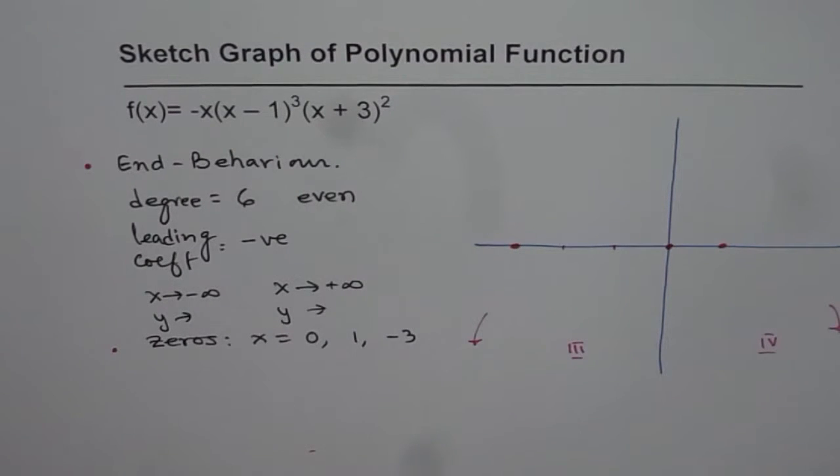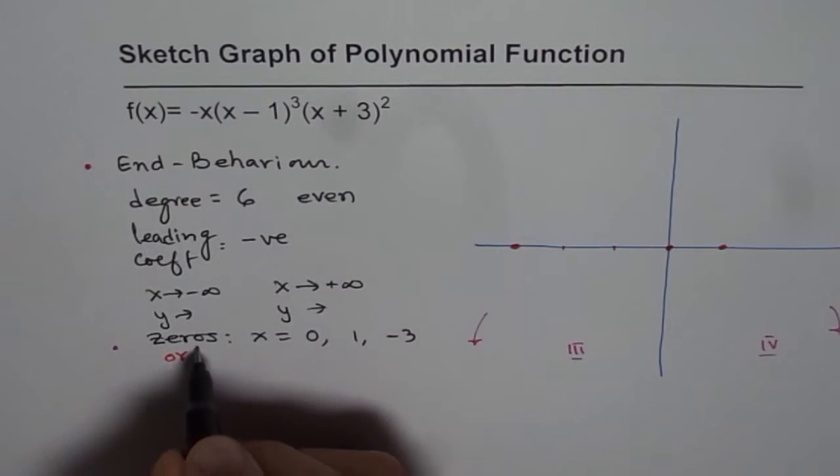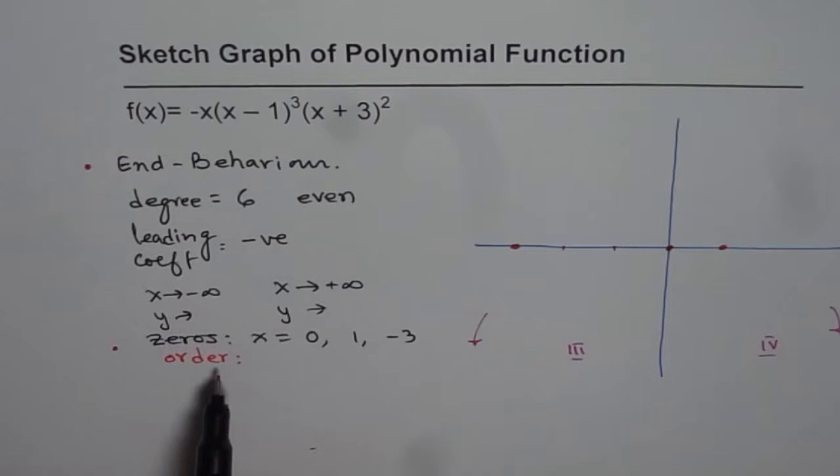For zeros, it is important to write down the order of the zero. Many students don't really get into that detail. The order of a zero makes it different from an x-intercept. X-intercepts are the points where the graph intercepts the x-axis. Zeros have an order, which decides the behavior of the polynomial function at the x-intercept.